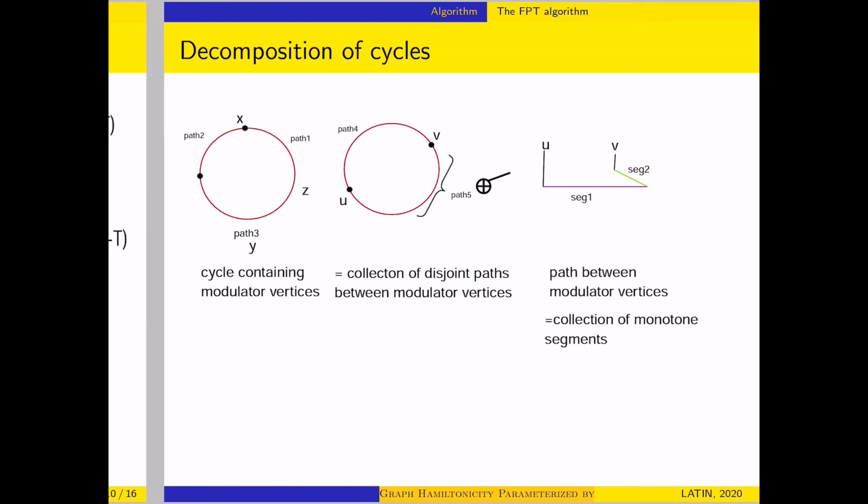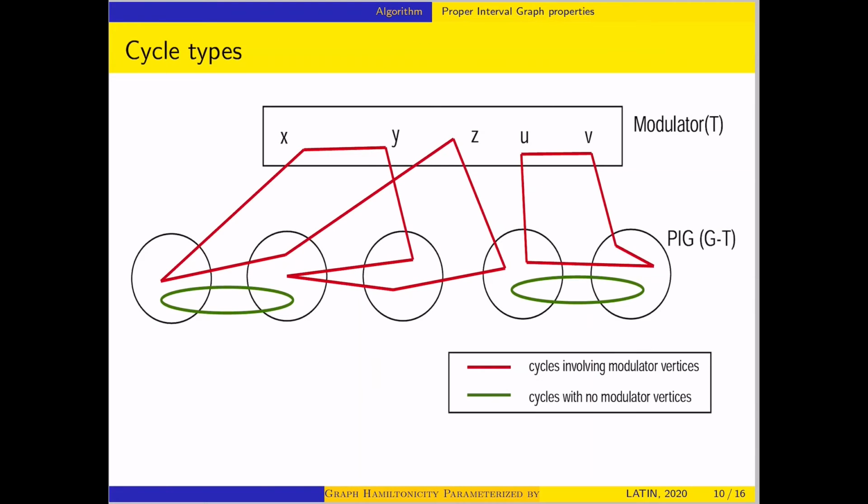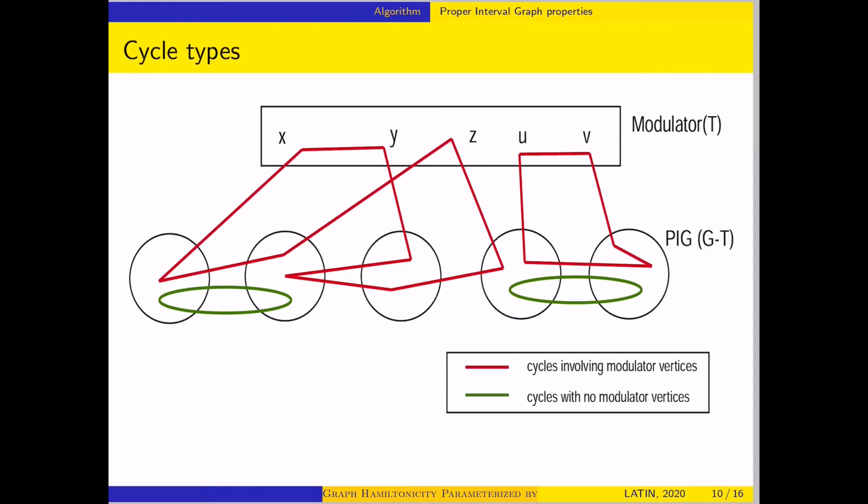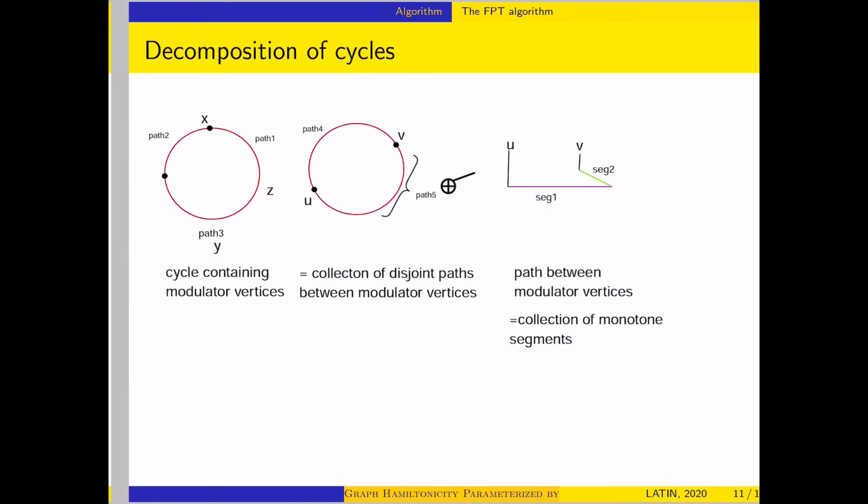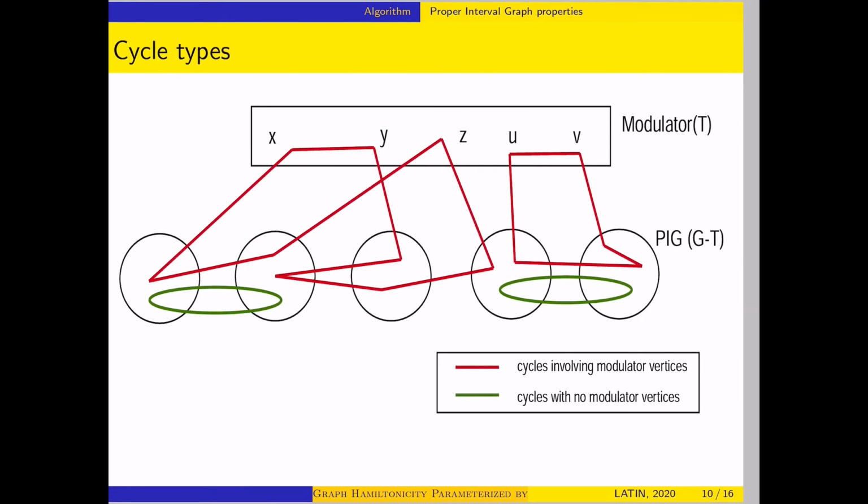So, in the previous diagram, look at this path between u and v. There is a 2 monotone path here in the proper interval graph. Instead of trying to find this 2 monotone path, we will try to find 2 segments, segment 1 and segment 2, such that each of them are monotone and they both should end at the same vertex.